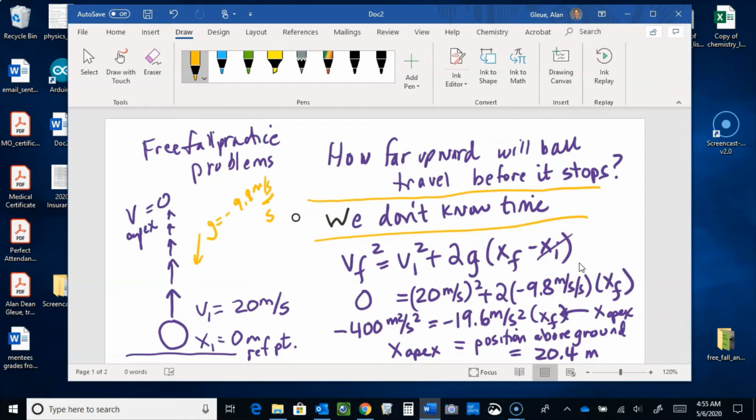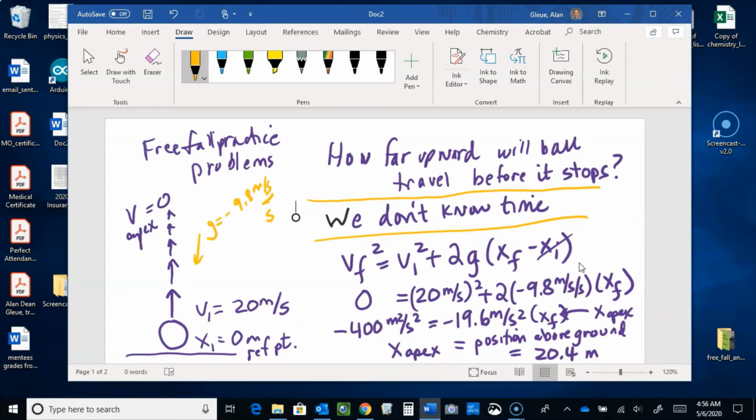We know our gravity is negative 9.8 meters per second per second. We know our initial velocity is 20, and the key to this problem is that at the apex the velocity will be 0. So we're going to call this final velocity, that apex velocity, and we can put a 0 in there and just work out the mathematics.